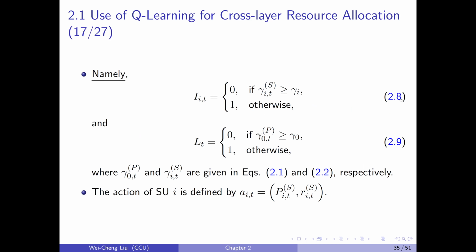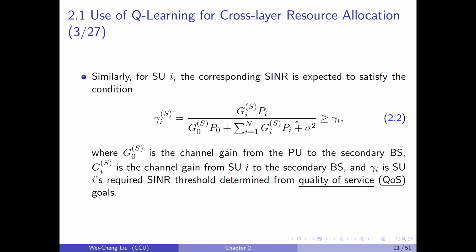Equation 2.8, I_i^t is equal to 0 if gamma_i^s is greater than or equal to gamma_i, where gamma_i^s is given in equation 2.2. Let us go to equation 2.2.